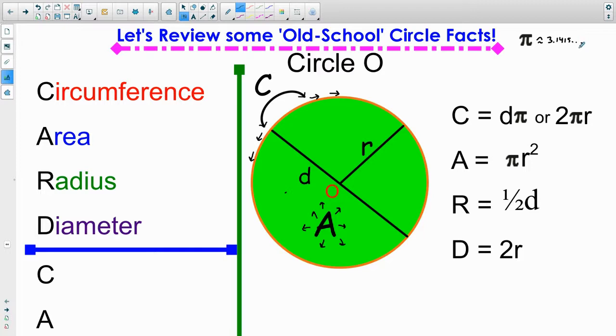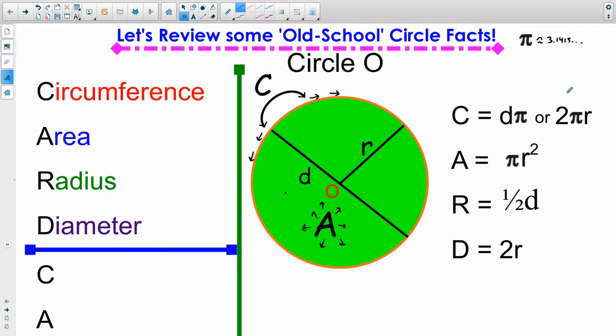So we like to keep it in terms of pi. If you just multiply the diameter times pi, that is your circumference. Since the diameter is twice your radius, we often write the same formula as 2 pi r, which is exactly the same as diameter times pi. On a Regents exam, I believe the given formula is 2 pi r.